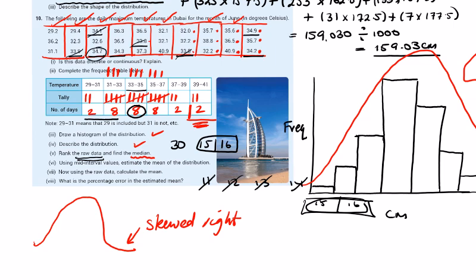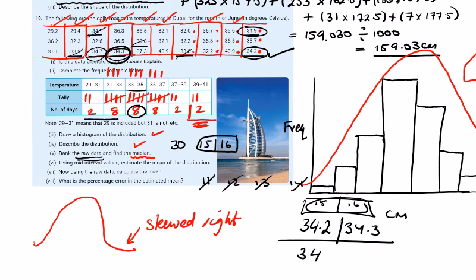And then we have a 34.7, 34.3, a 34.9 and a 34.2. So the 34.2 will be next, followed by the 34.3, giving a median, the mid-interval value between these two, of 34.25.